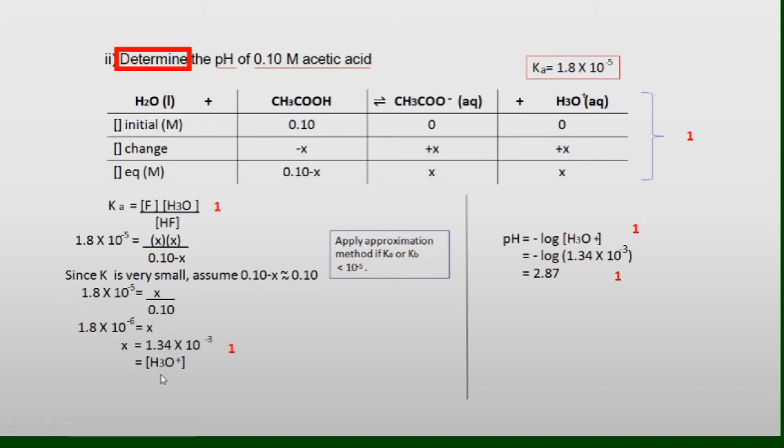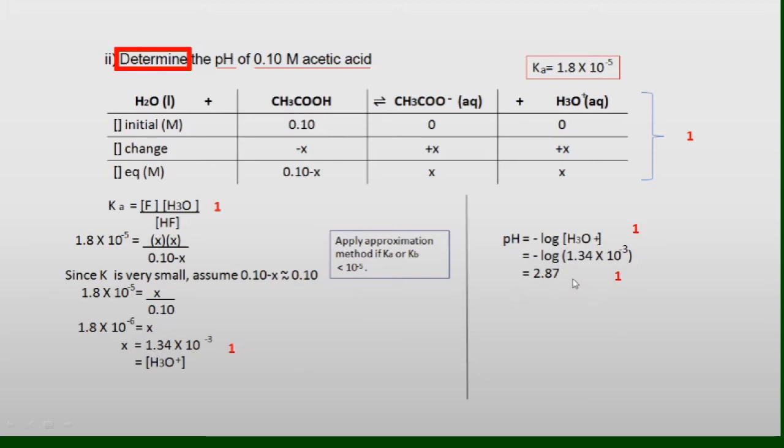So we know that X is equal to the concentration of H3O+. The question wants to determine the pH. So we use the formula pH equal to negative log of concentration of H3O+. So we substitute the value that we get from X, then we will get 2.87.